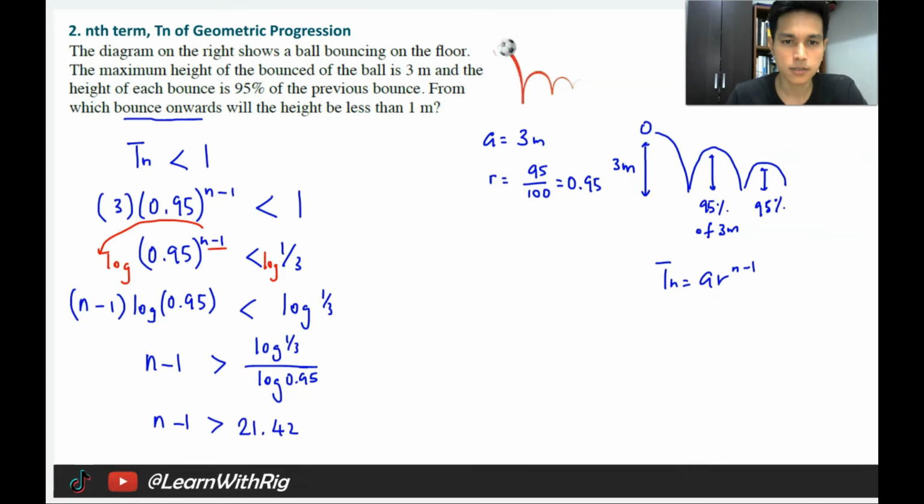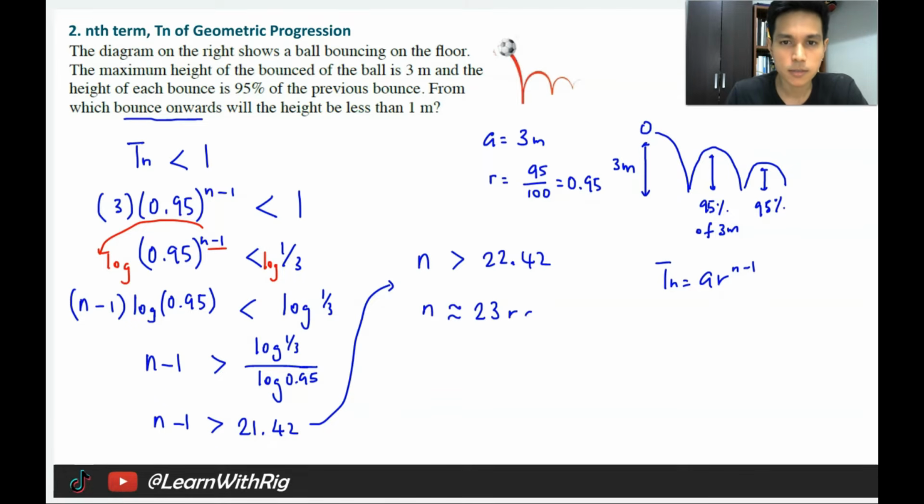Now let me bring this up here. n should be more than 21.42 plus 1, which is 22.42. So since n is more than 22.42, we can say n is approximately 23.